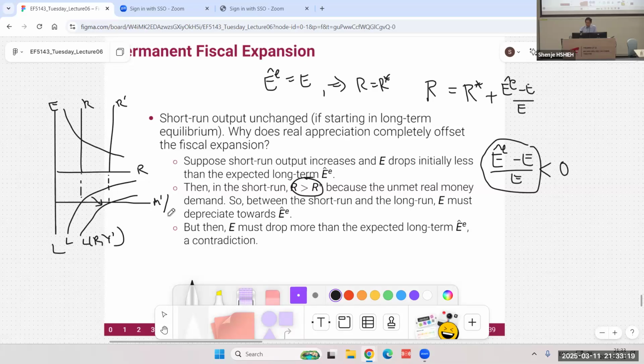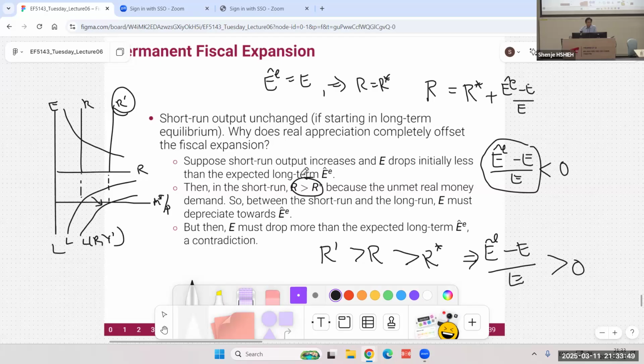All else equal, interest rates increase. Agree? So the new R prime is greater than R, it's greater than R star, which tells us that in order for UIP to be true, E hat E minus E must be positive.